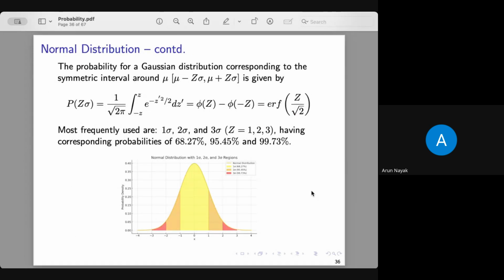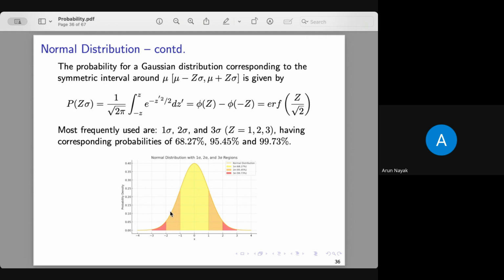The Gaussian distribution is used to calculate symmetric intervals around mu. If you take a 1 sigma interval from mu, that gives you 68.3% area under this curve.